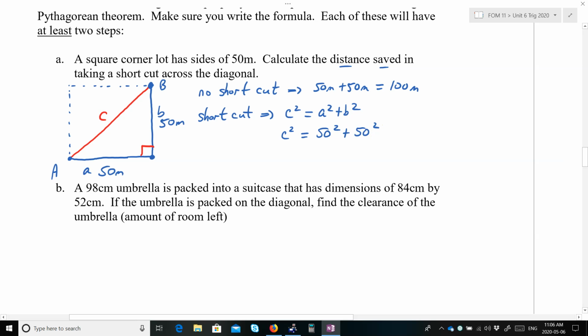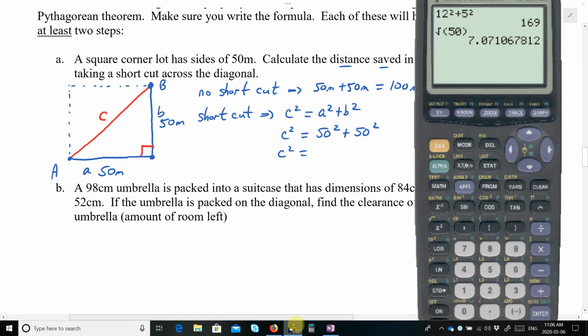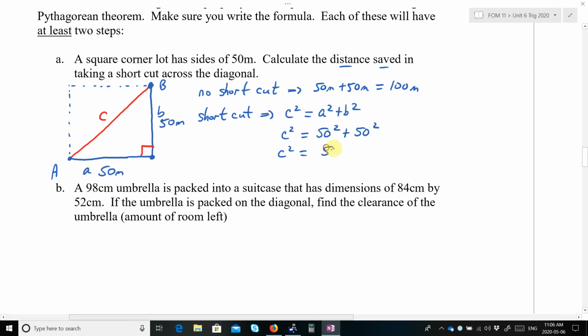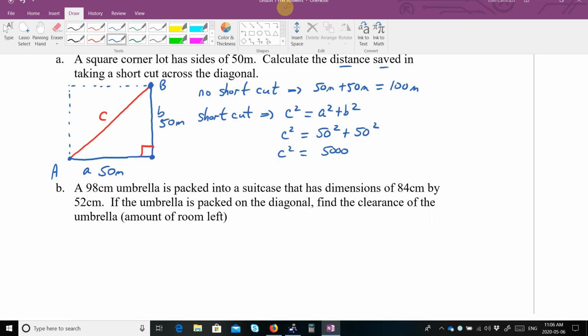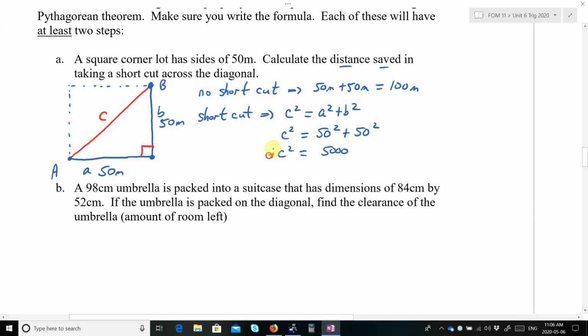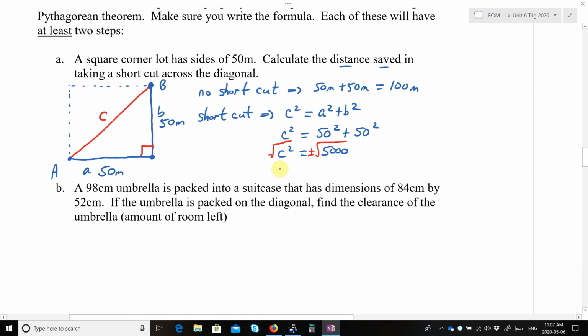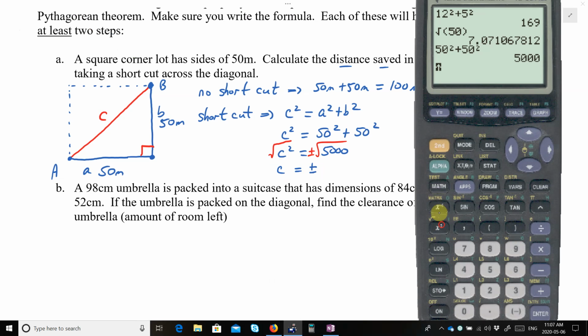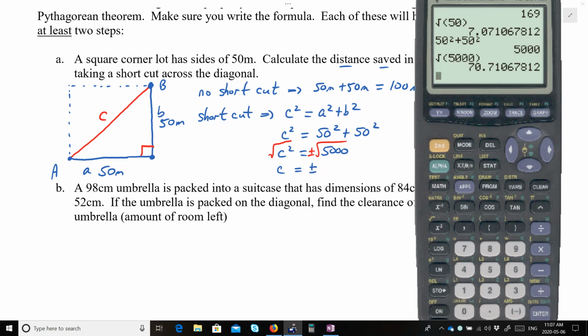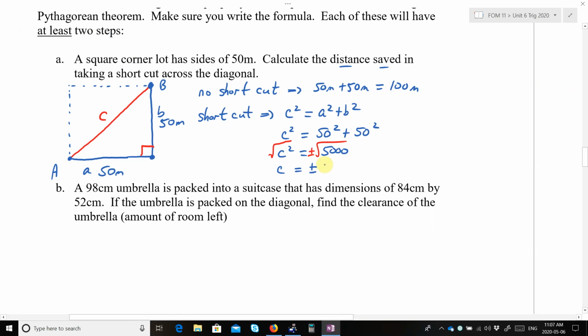50 squared plus 50 squared, so C squared is equal to 50 squared plus 50 squared, which is 5,000. So C is equal to plus or minus the square root of 5,000, which is 70.7.